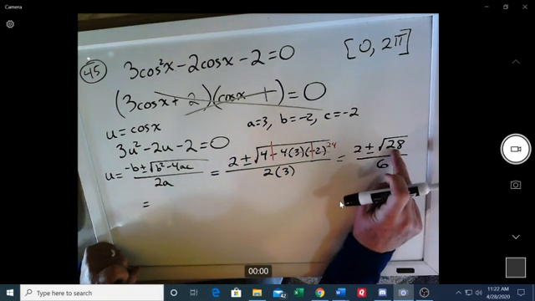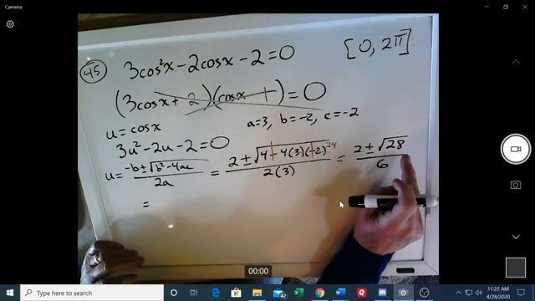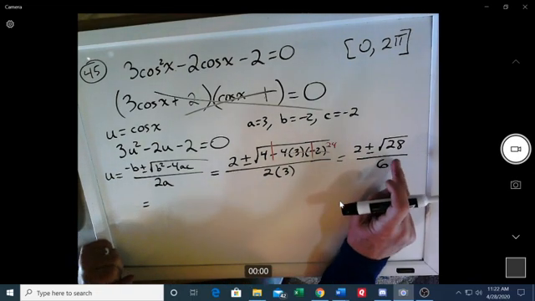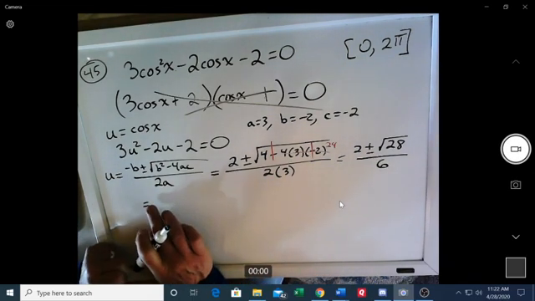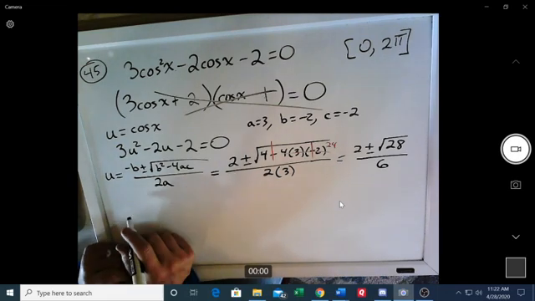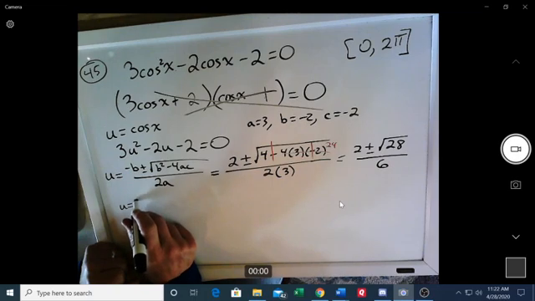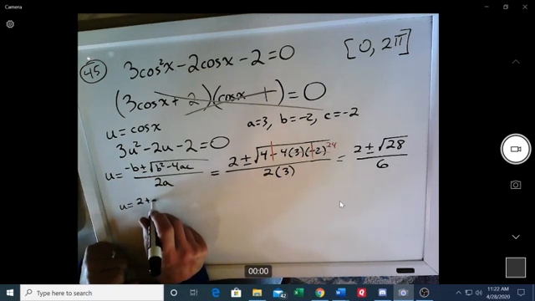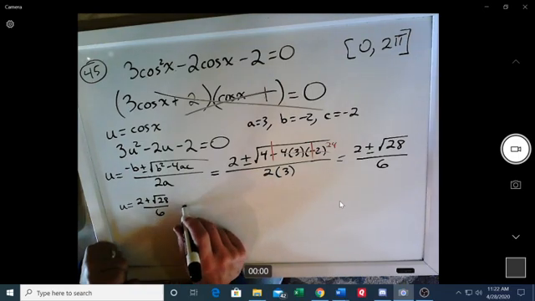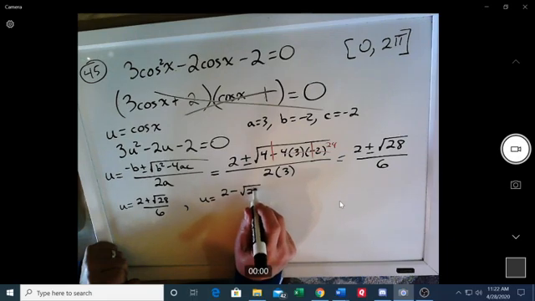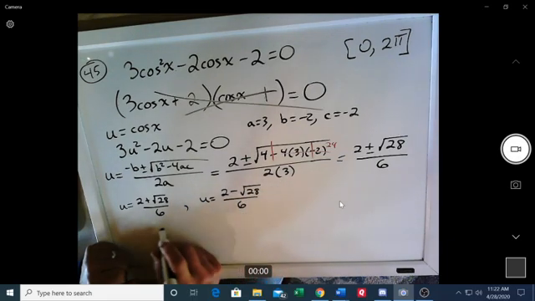I might continue to, like, I could pull out the square root of 28, make that square root of 4 times square root of 7 and reduce it. But in the end, I'm going to have to punch it into my calculator anyway. So I'm just going to state that there are two answers. u is equal to 2 plus square root of 28 over 6. And u is equal to 2 minus square root of 28 over 6.